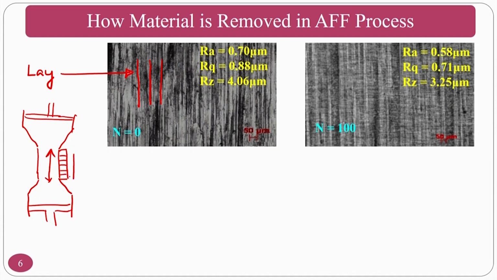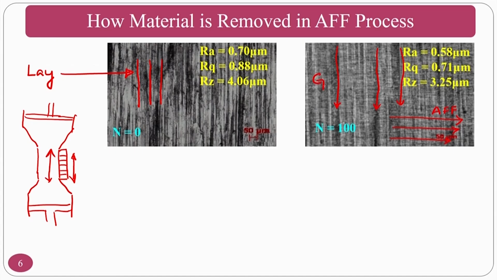On top of it, the abrasive flow finishing medium will reciprocate like this, so that you can see the dominating marks of the grinding process here, and there will be small abrasions or micro-nano scratches also that you can see on this surface in this direction. These directions are abrasive flow finishing directions, and these directions are grinding directions.